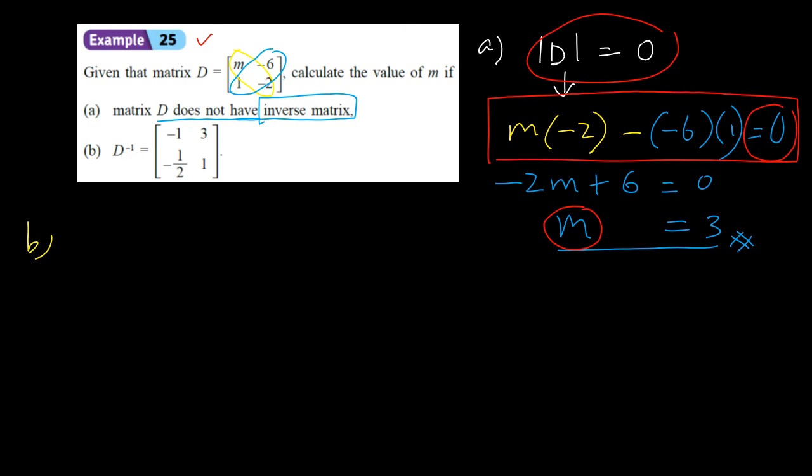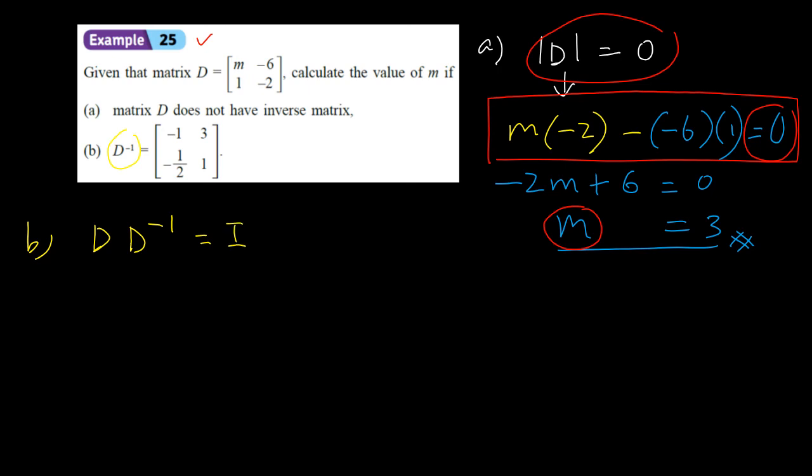You have to find M if you are given the inverse of D. So what do you do? You know that D times the inverse of D, you will get the identity matrix.